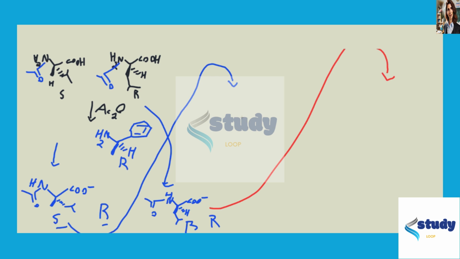We'll be able to separate this and deprotect these acetyl groups by adding some sort of strong base. Very simply, you can regenerate the amino acid with the hydrolysis of this amide that we formed using basic conditions, such as just water and hydroxide ions. And we would reform now the original amino acids. But the interesting thing that is happening is that we've now separated the two enantiomers.